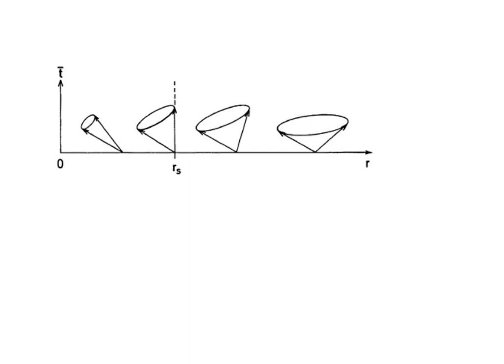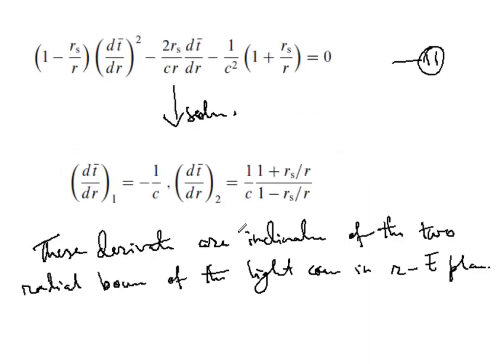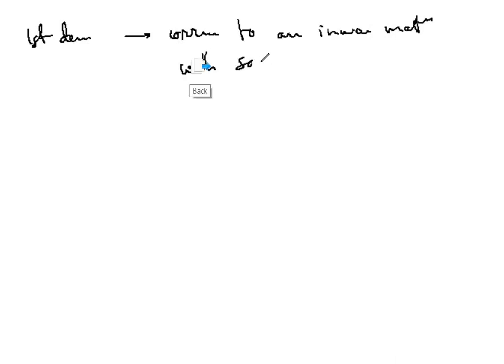Now, the first derivative always corresponds to an inward motion with the same velocity c. What about the second derivative?